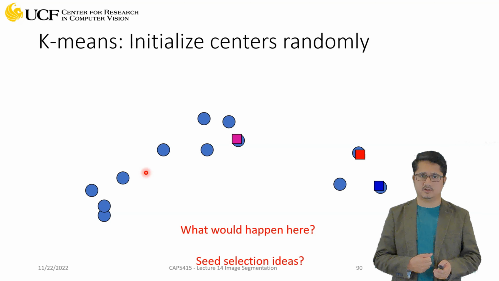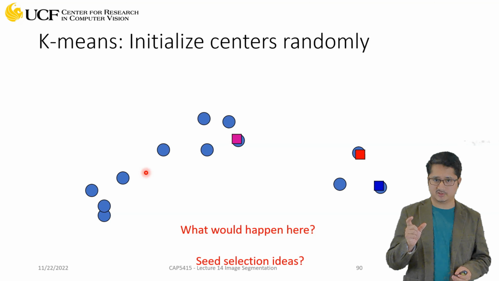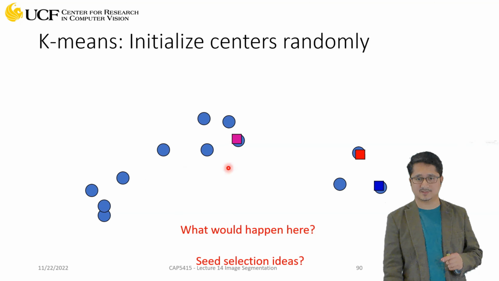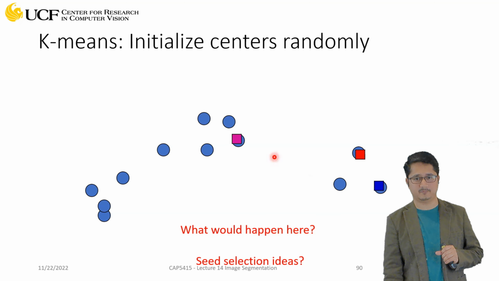All right, so the initialization, as I said, plays a very big role, because it is done randomly. So for example, if you have this kind of initialization, right, second point and third point, there is no way these cluster centers are going to move around to this side.